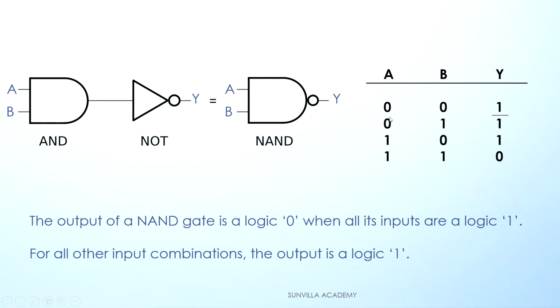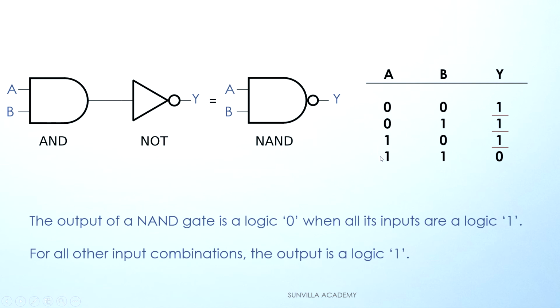Again, in case 2, A is 0 and B is 1, the AND gate will return 0, which will be given as input to the NOT gate, which will return 1 as the final output, that is Y. Case 3 is similar to case 2.